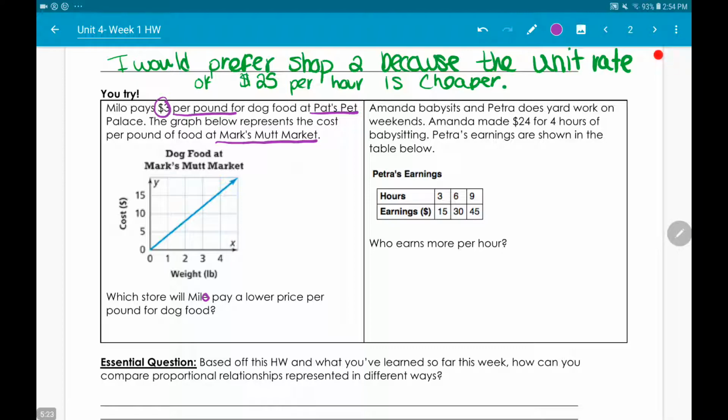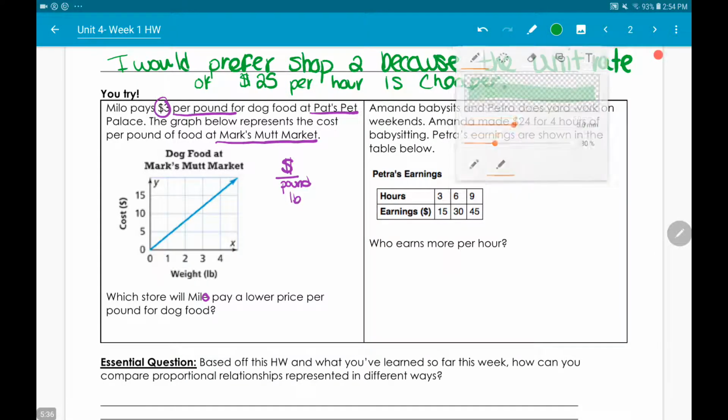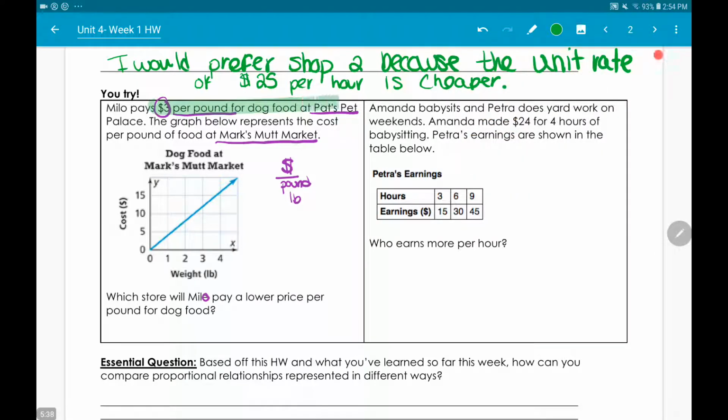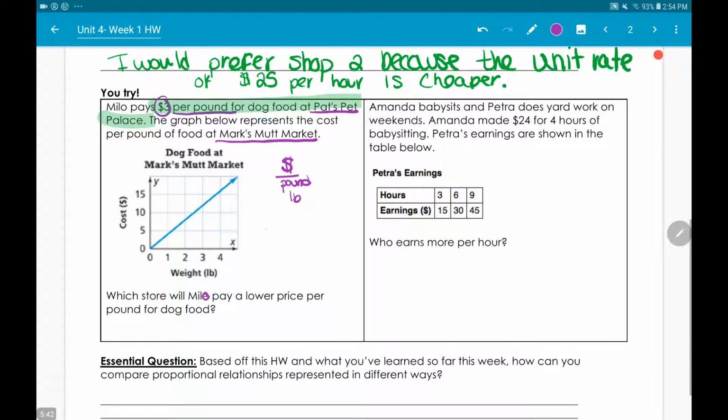So here our unit rate is talking about the price per pound. Okay, so if I look in my sentence, I'll see here my first scenario. So at Pat's, it is $3 for 1 pound. So that unit rate is 3.